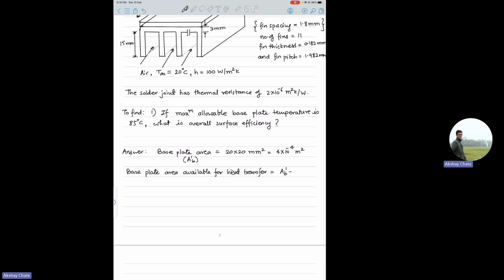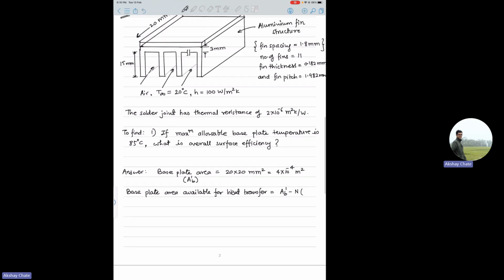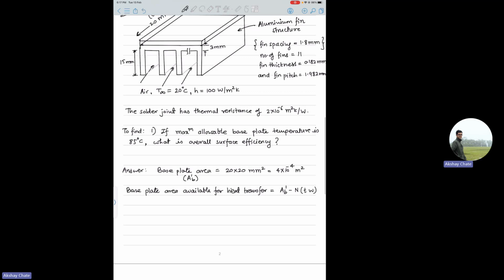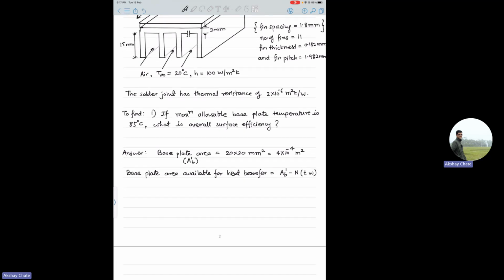So that will be minus n, the number of fins, into the thickness of one fin into the width of one fin. So this 20 mm is nothing but the width for the fin, or the length also you can call it, but you should be consistent.